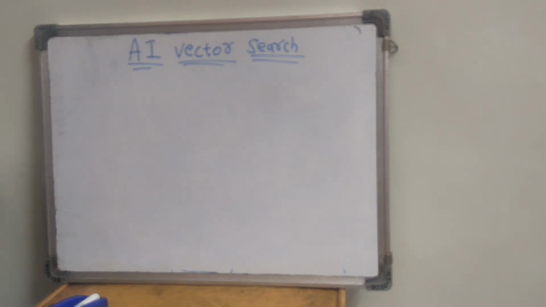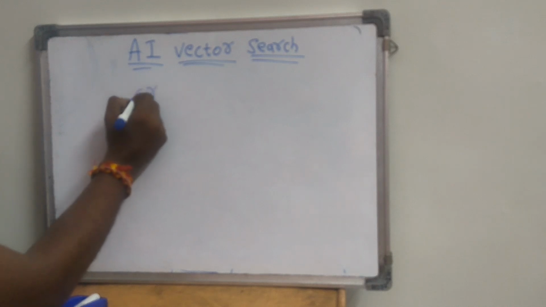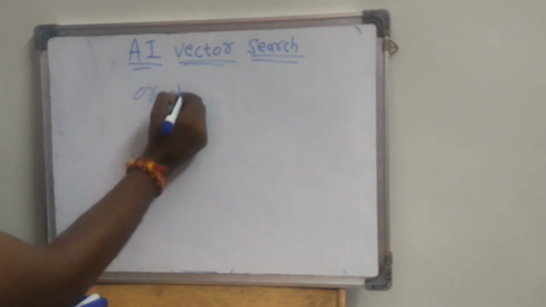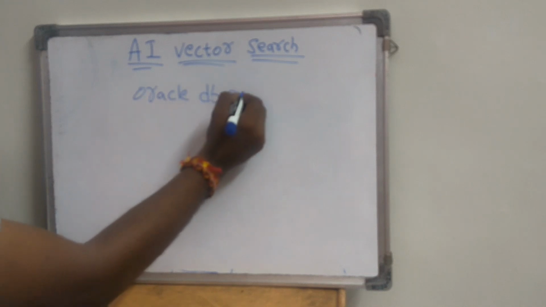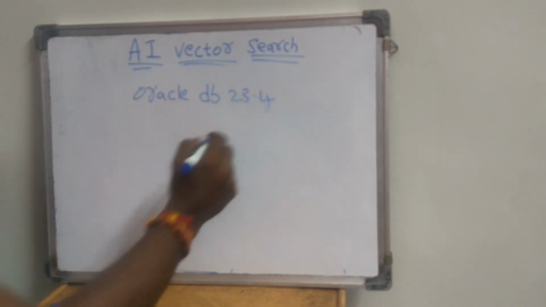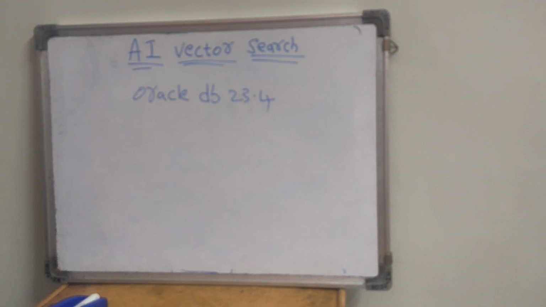The Oracle AI Vector Search capabilities were announced with the Oracle Database 23.4 release.